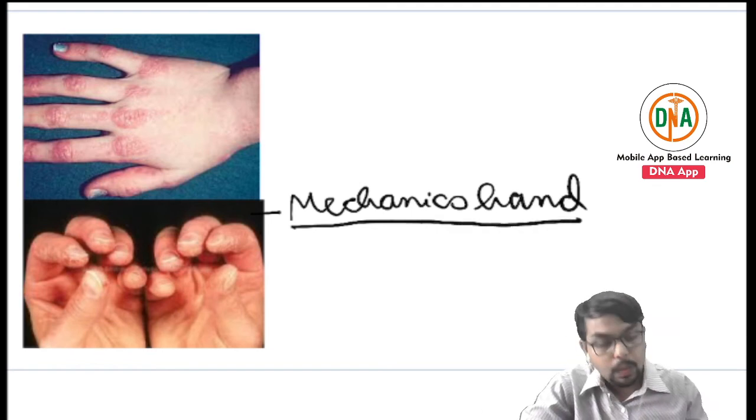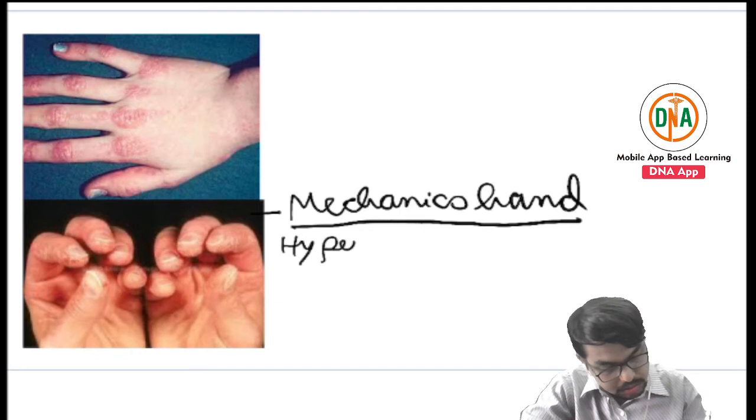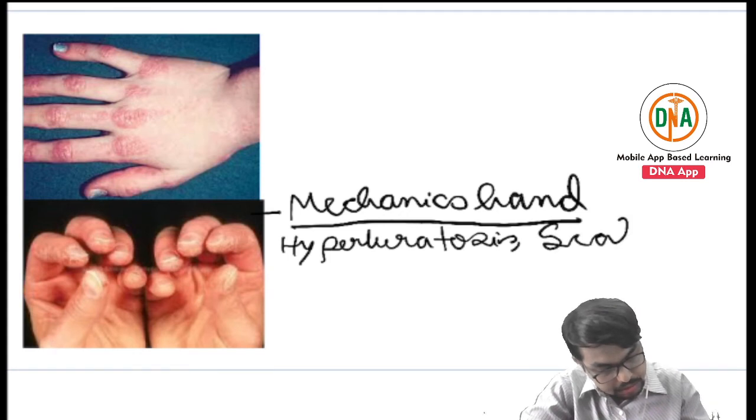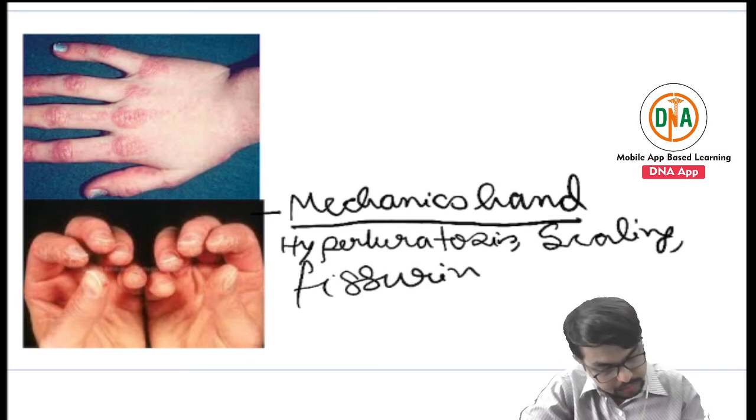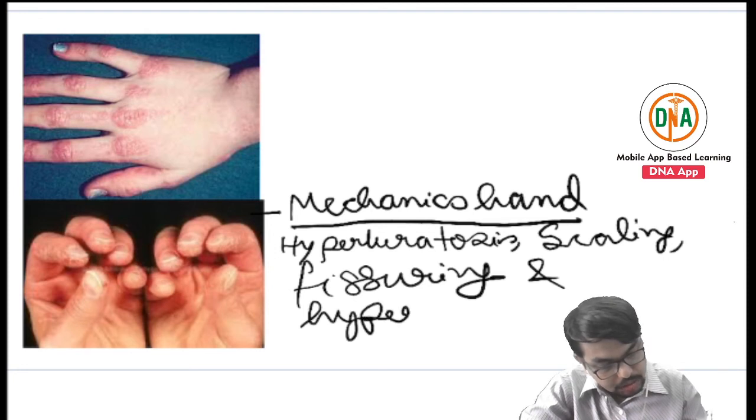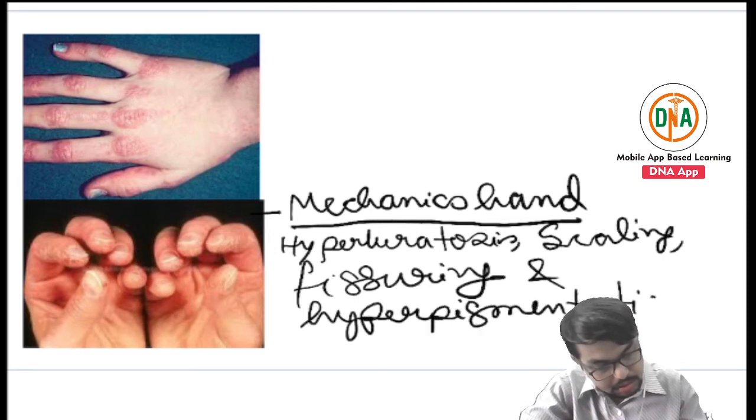What you can see here is hyperkeratosis, scaling and fissuring, similar to chronic eczematous changes, and hyperpigmentation. These are all the features of a chronic eczematous lesion.